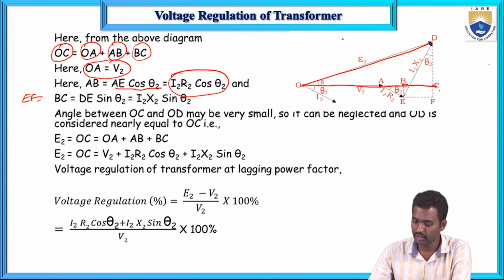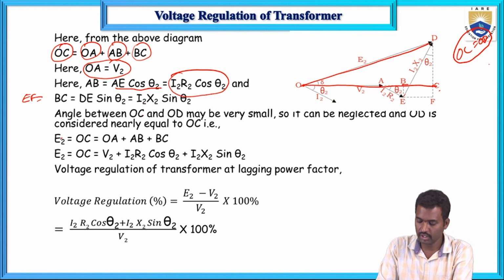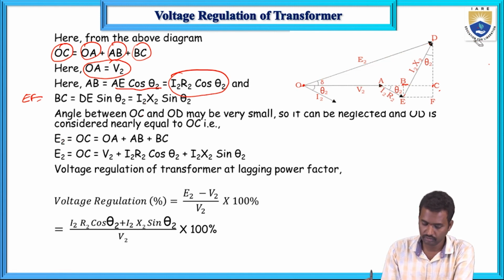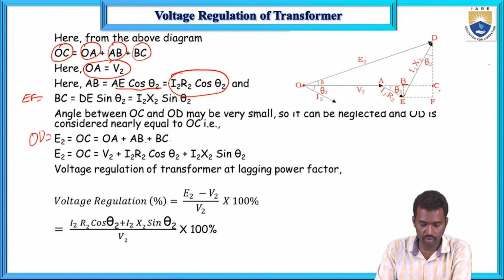If the angle is very small, OC equals OD. Now OD is E2, so OC equals E2.